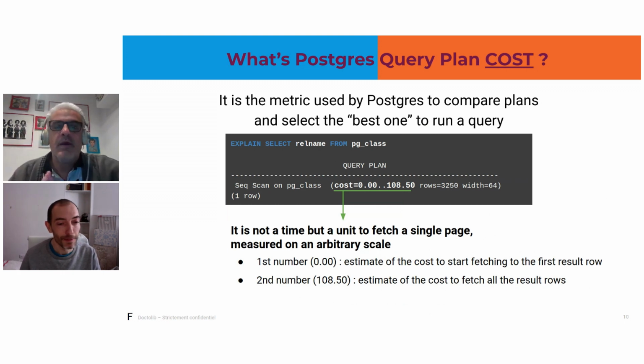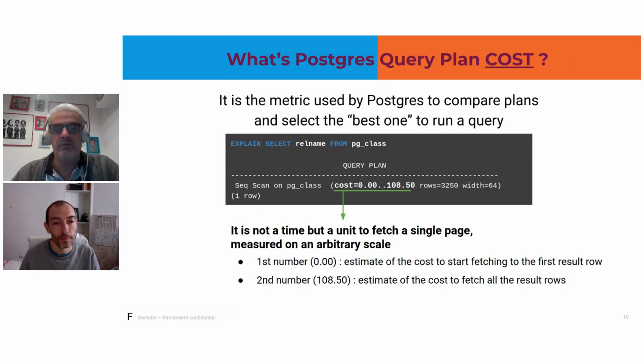I'll try to. A query plan cost is a way for Postgres to put some numbers on plans, so we can find the best one, which is the cost that is least expensive to retrieve data from the disk. How is it calculated? We have a normalized cost in Postgres, which is the cost to retrieve a page on disk.